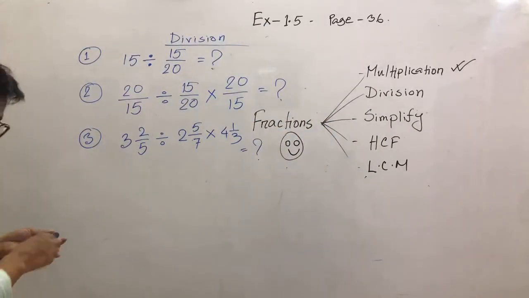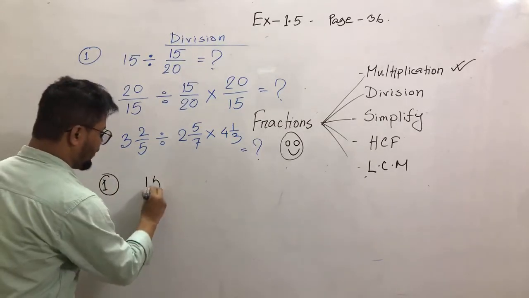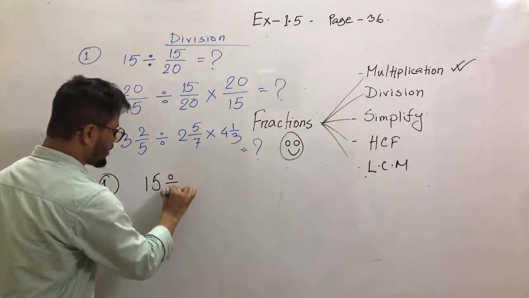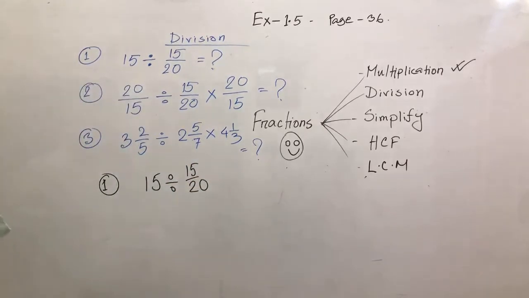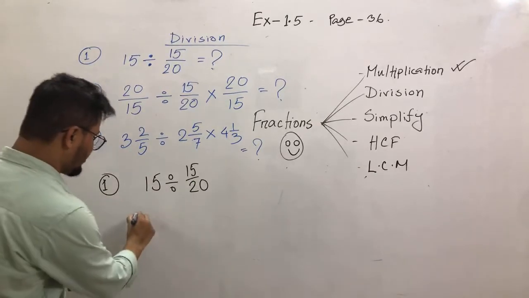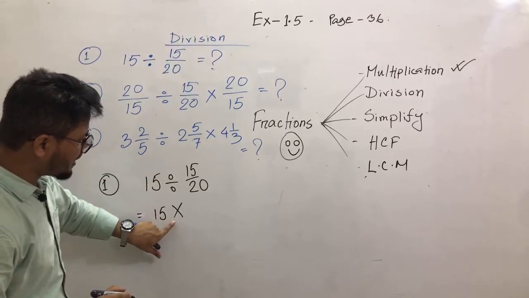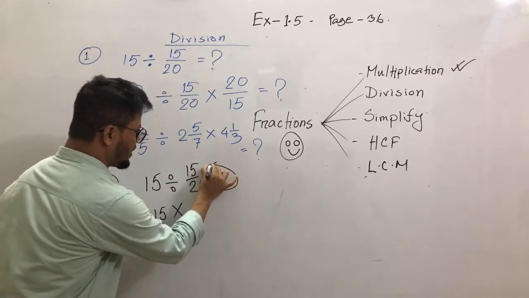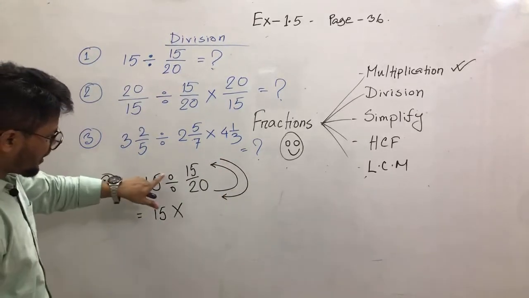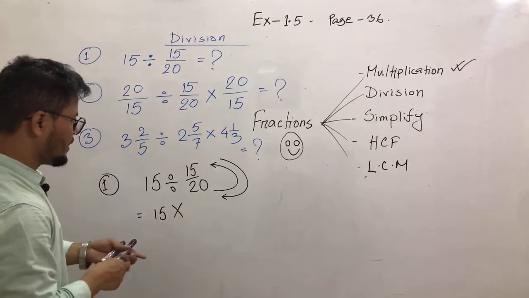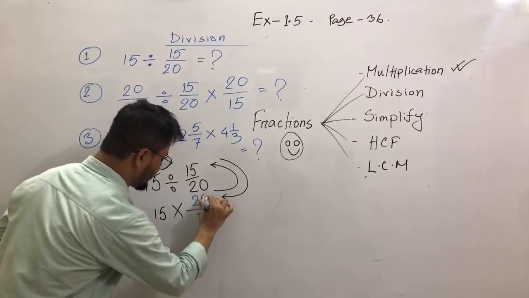A will be 1. Okay. Number 1: 15 divided by 15 by 20. We all know if we divide, we convert it into multiply, and then the numerator becomes the denominator and the denominator becomes the numerator.